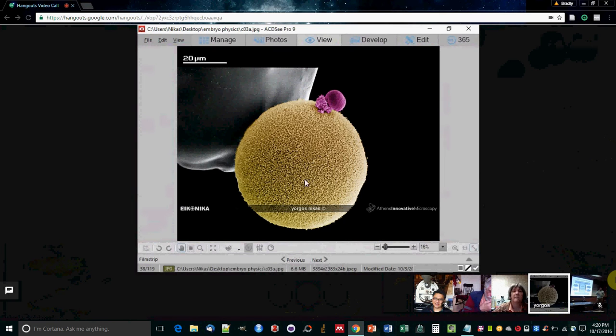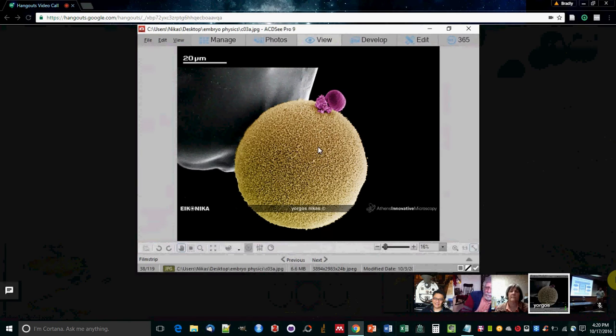We started from an unfertilized egg, but I removed the zona pellucida, and you can see the inside, the oolemma. It's called the oolemma or vitelline membrane. And this is the first polar body here.